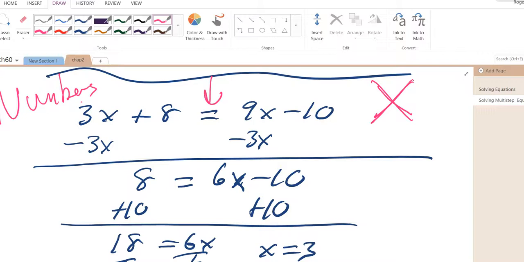So here, I'm going to go 3x plus 8. I'm going to put that right down in here. I'm going to put in the other half. All right. So now I have a red line and a blue line.